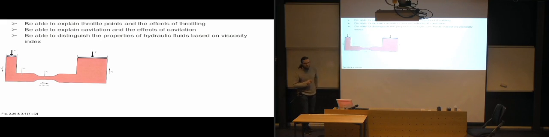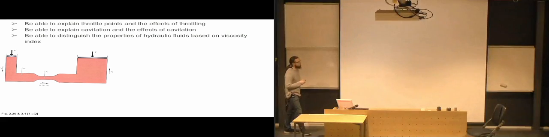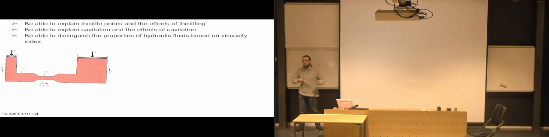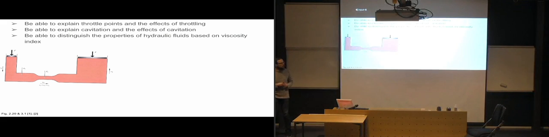And with throttle points, we were talking about the fact that if you reduce the cross-section of your flow, you're also going to have an increase in velocity, but also a decrease in pressure.